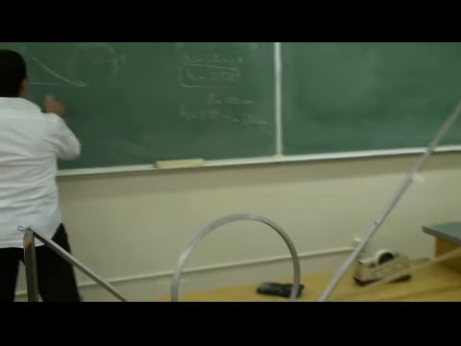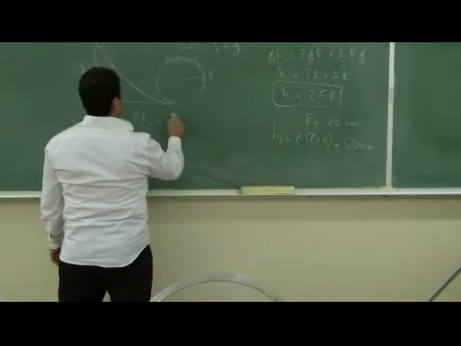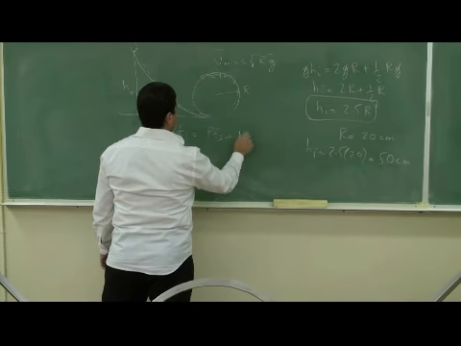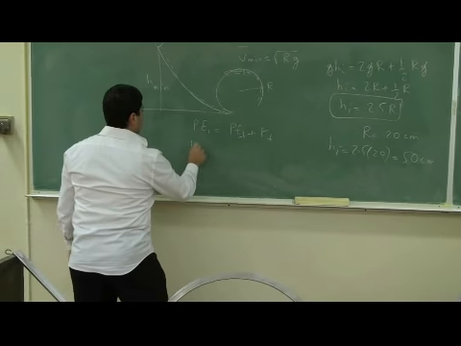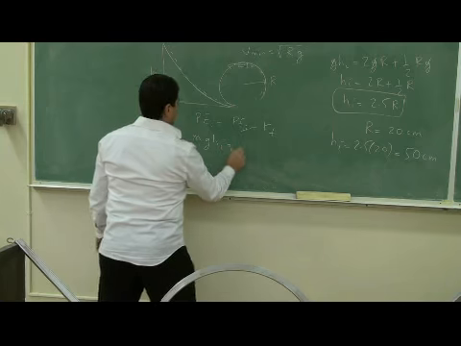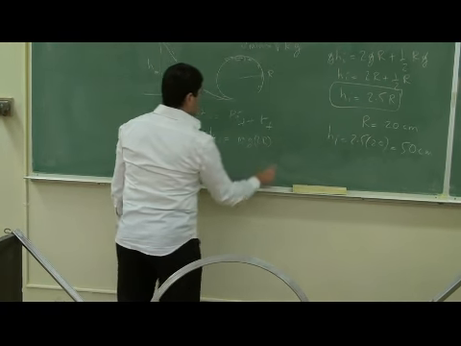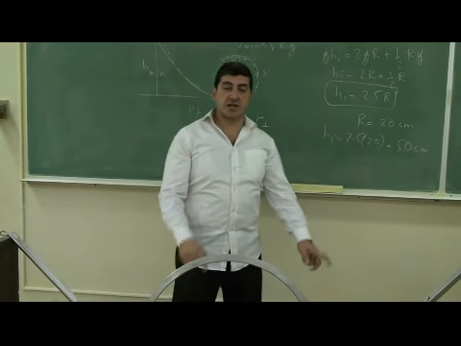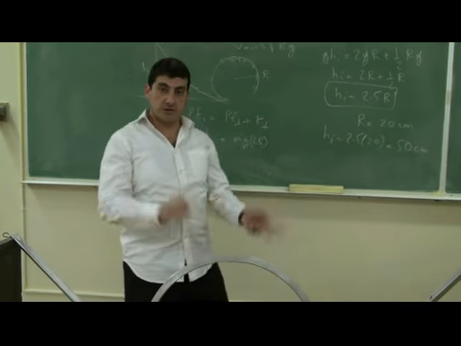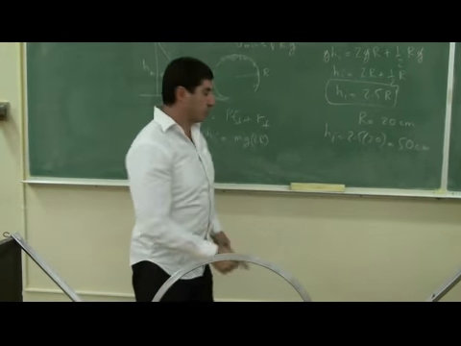So potential energy initial equals potential final plus K final. mgh initial equals mg2r. This time I have two kinds of kinetic energy: rotating and translational.